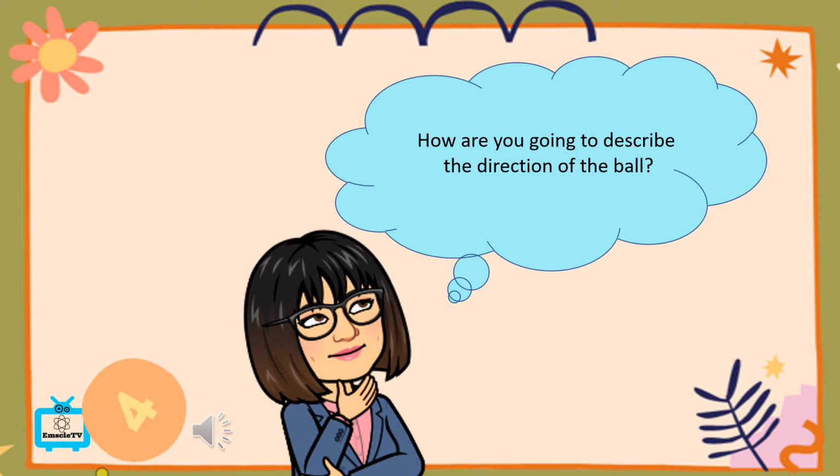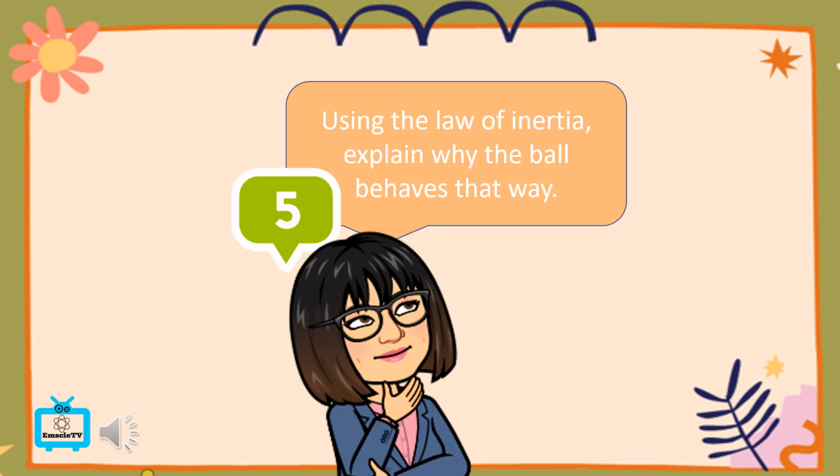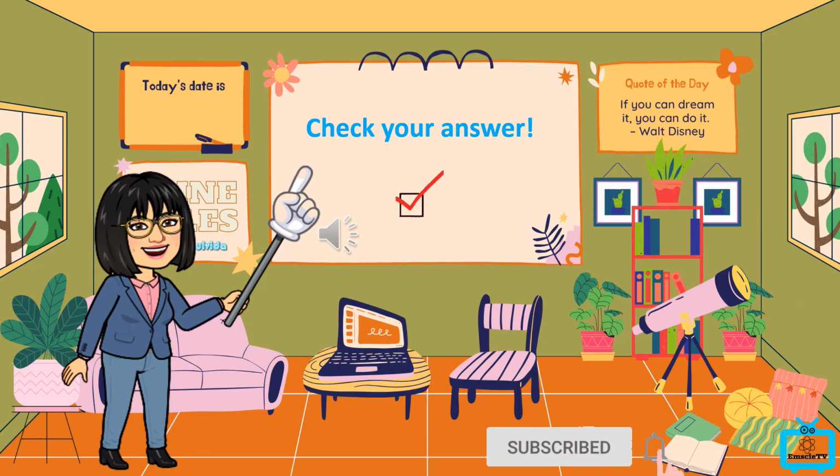How are you going to describe the direction of the ball? Using the law of inertia, explain why the ball behaves that way. Get your module and check your answer honestly.